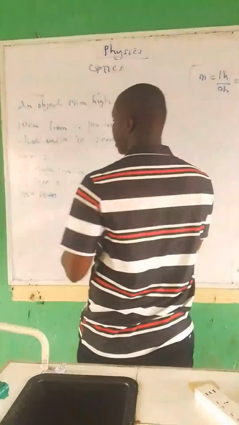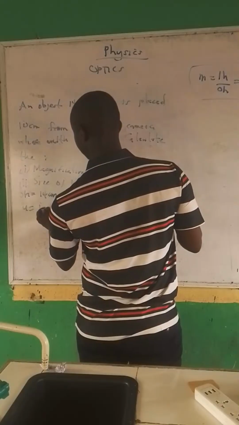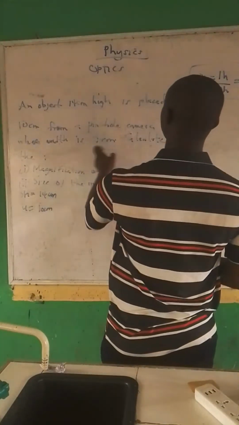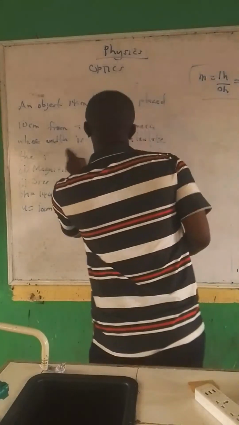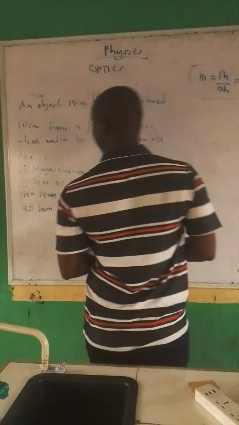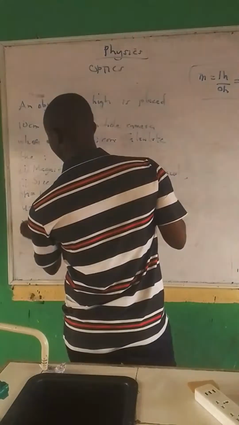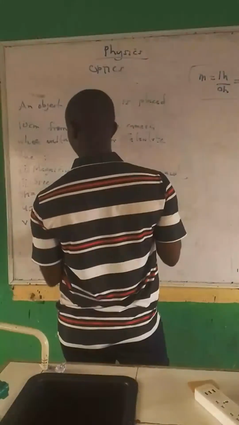That means the object distance, U, is 10 centimeter. They said the pinhole camera's width is 7 centimeter. That means the width of the camera, which happens to be the image distance V, is 7 centimeters.